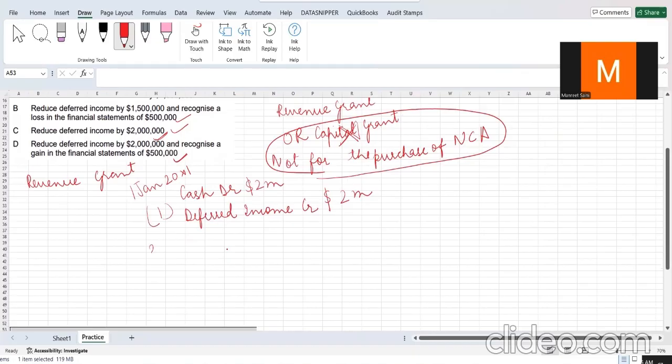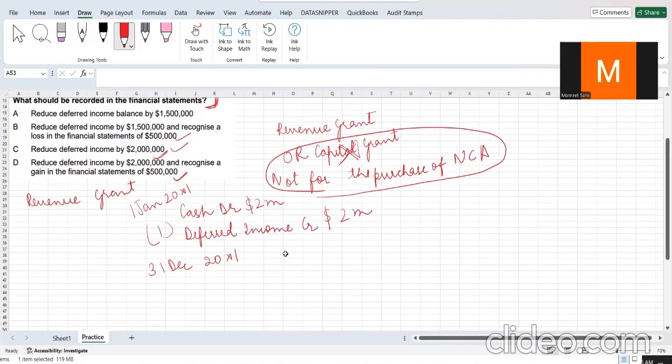And now, on 31st December 2000 X1, they would have met the condition for the first year, right? Now, on December 31st, they would record deferred income debit and government grant income credit. How much should it be?